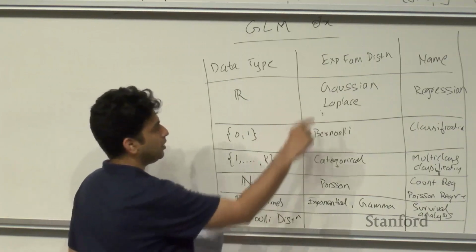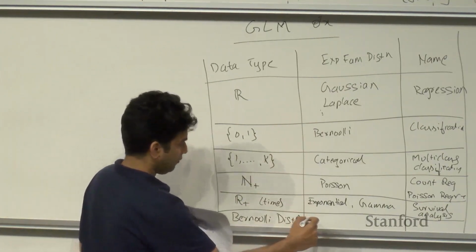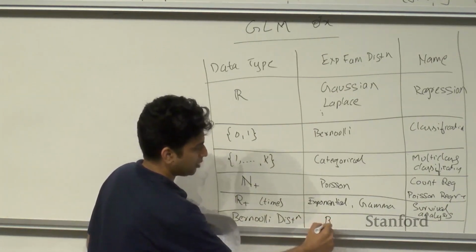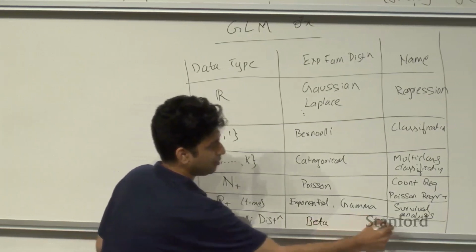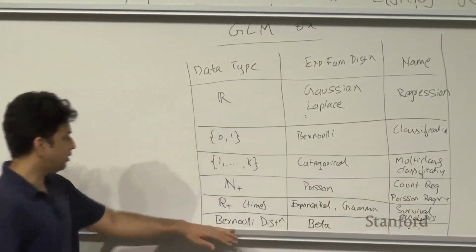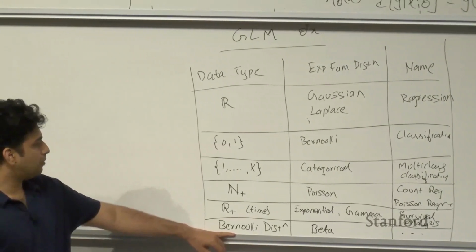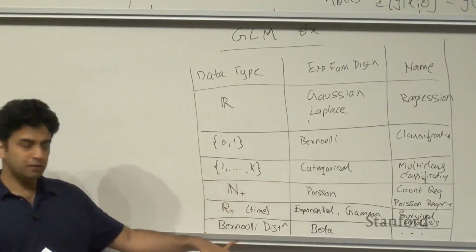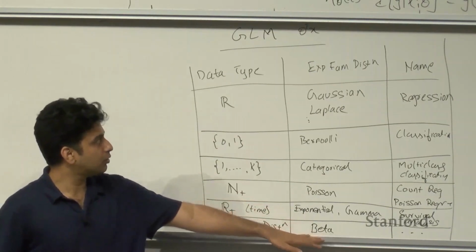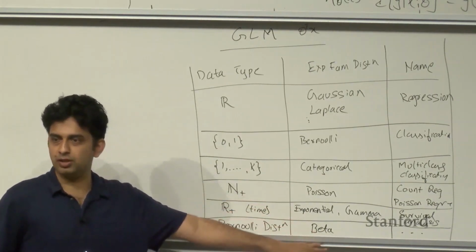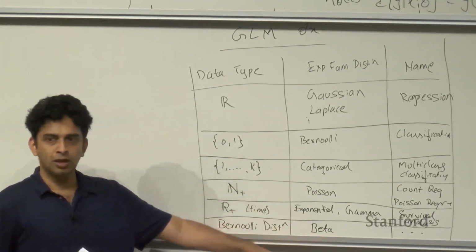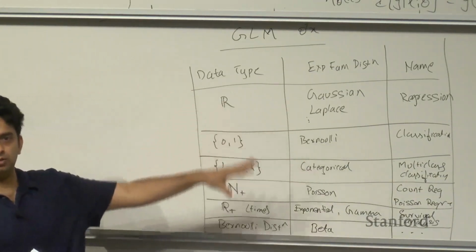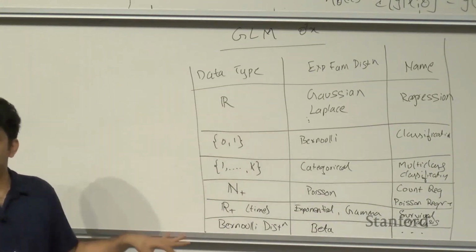In which case, the exponential family for Bernoulli would be a beta distribution, and you can give it some name. Similarly, your y variable can be a categorical distribution itself, in which case you want to have a distribution over distributions, like for example the Dirichlet distribution, and all of these can be fit into the generalized linear model framework.